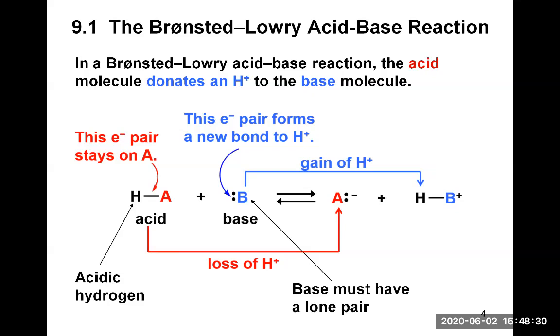That's why overall HB is positively charged, because hydrogen came without electrons, and so HB is deficient by one electron. And so when you put an acid and a base together, overall an acid-base reaction corresponds to the transfer of a proton from the acid to the base.